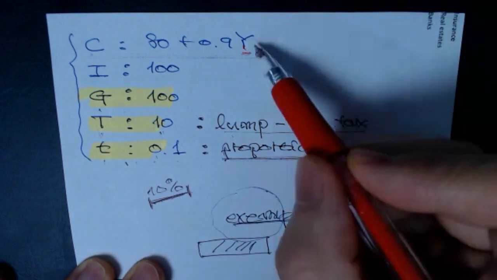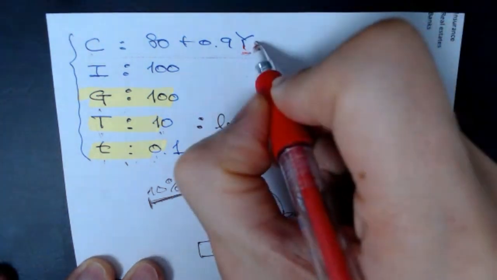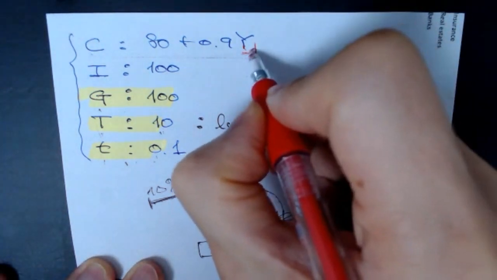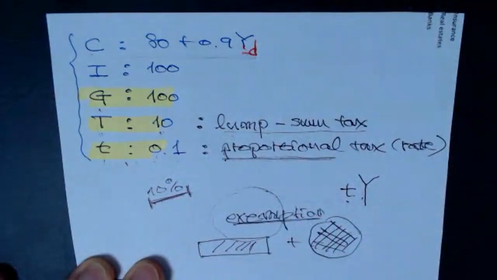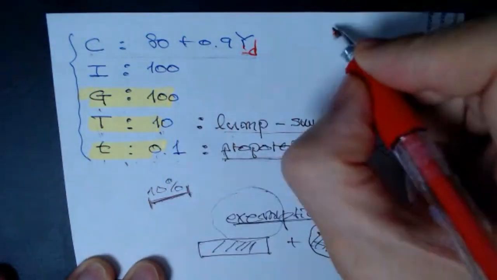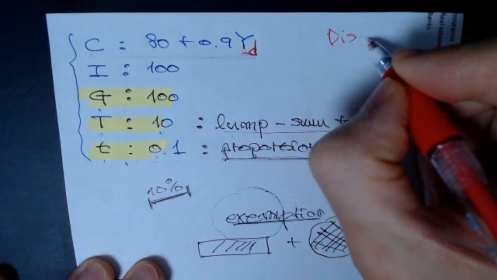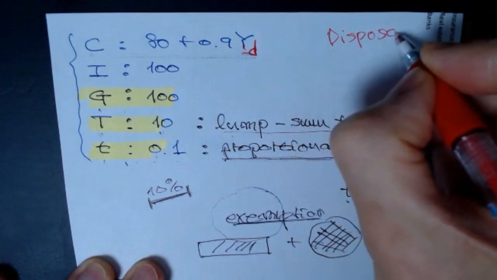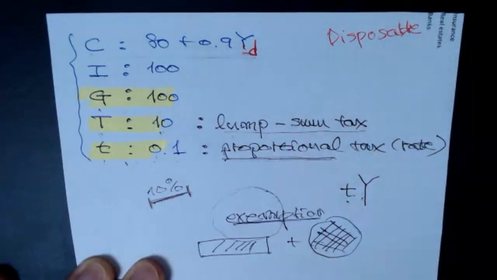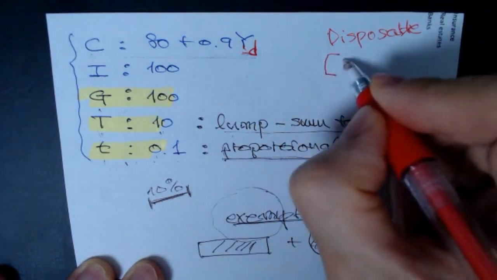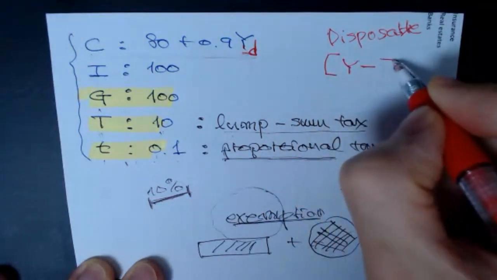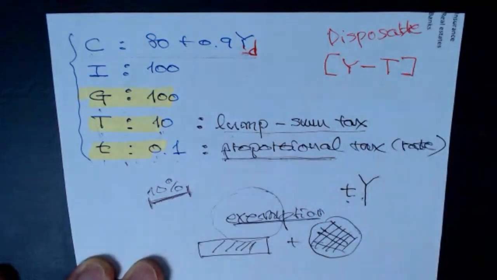Today, we have to change this into YD, where D represents disposable. Disposable income is defined as Y minus T.